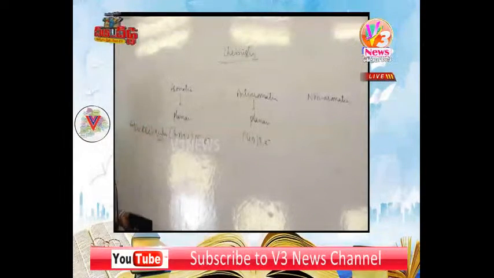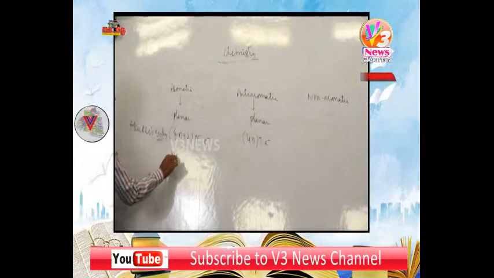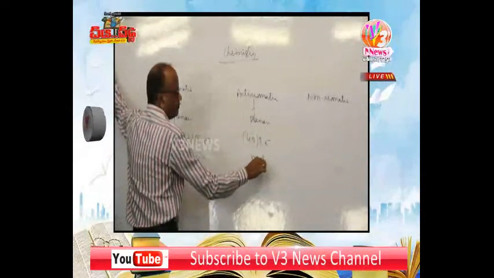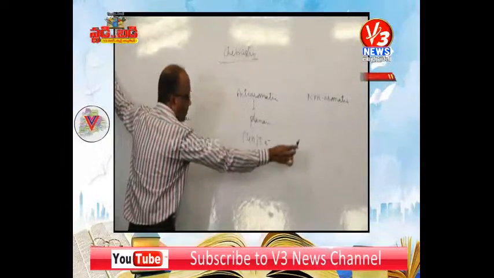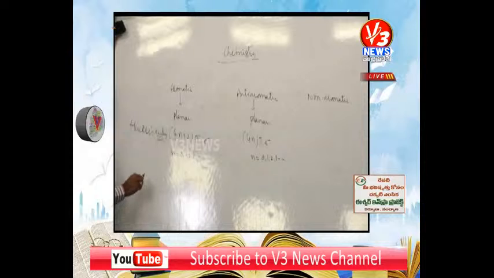Now first we will see aromatic compounds. So here n value is 0, 1, 2, 3. Here also same thing. Now we will take one example.